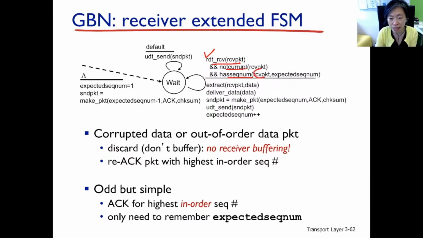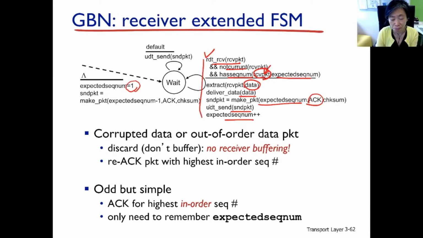What it does is simply check the sequence number in the data and see if it matches the expected sequence number, which starts from sequence number 1. So if we receive packet 1 and it's expected, we extract data out of packet 1, pass the data up to the application layer, generate an ACK packet for packet sequence number 1, send the ACK out, and increment the expected sequence number. So this is the simple case where everything works as expected.